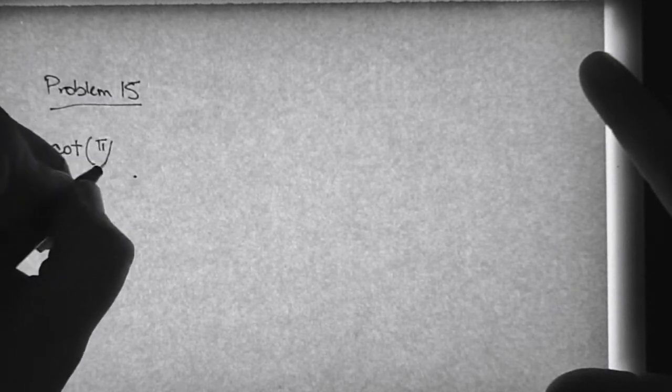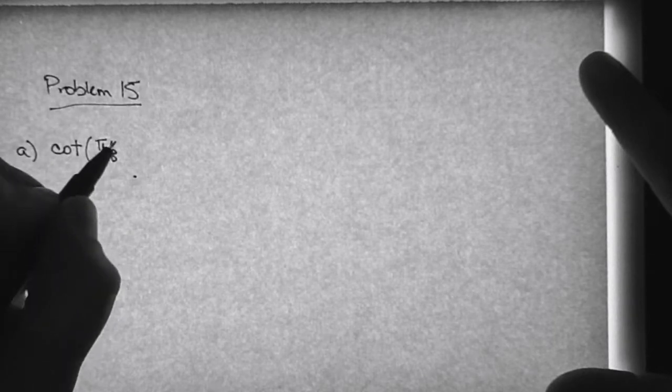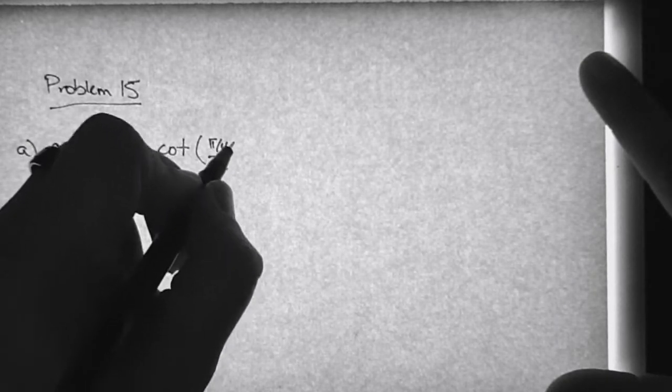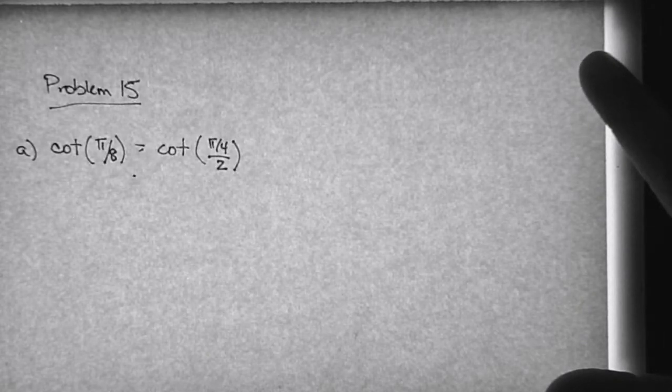So A is the cotangent of pi over 8. Well, since we're using the half-angle formula, this is actually the cotangent of pi over 4 over 2. But our reference doesn't have cotangent, it just has tangent.